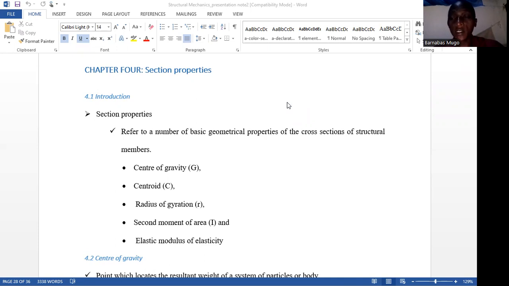In this section, we are going to deal with the geometric properties of the structural members, like the center of gravity, the centroid, the radius of gyration, the second moment of area, and also the elastic modulus, or the Young modulus of elasticity.